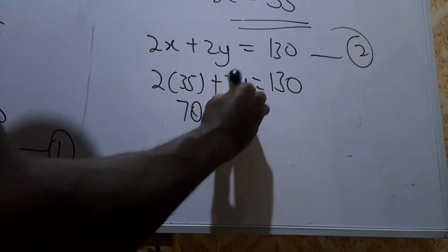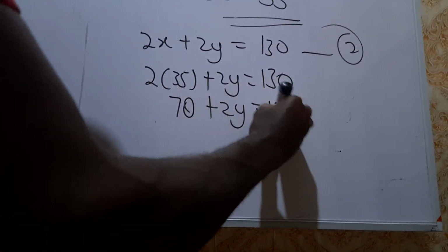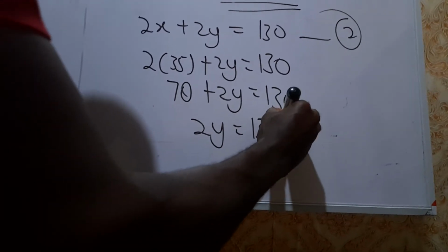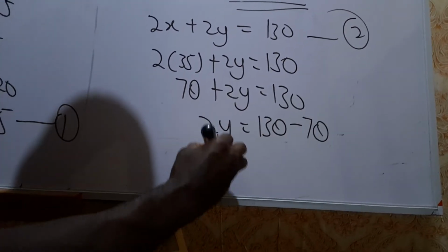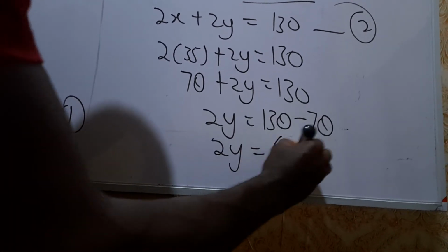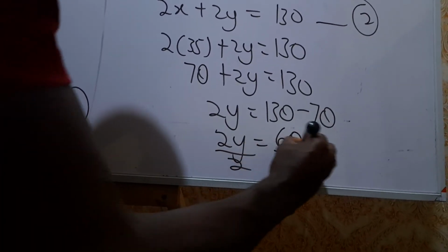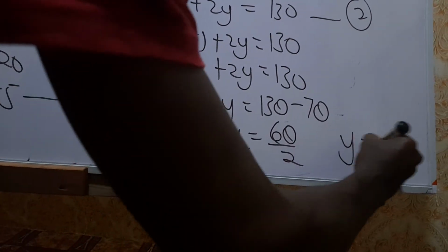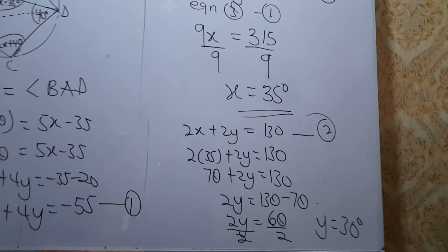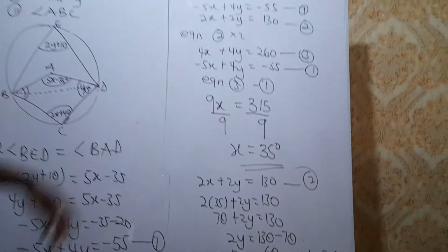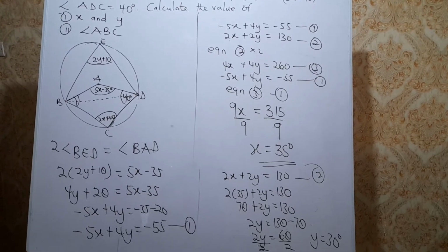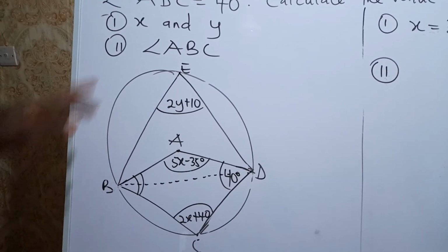So 70 plus 2y equal to 130. 2y will be equal to 130 minus 70. Our 2y will be equal to 60 degrees. So when we divide both sides by 2, y will be equal to 30 degrees. So now we are able to find the value of x and y.